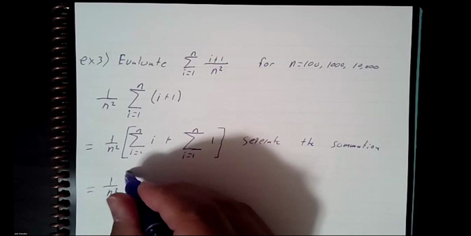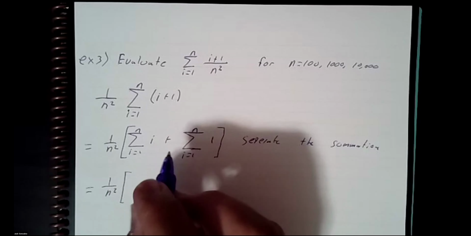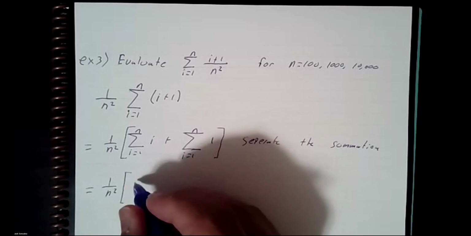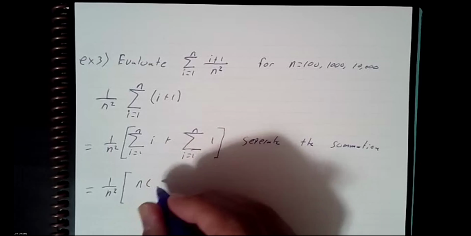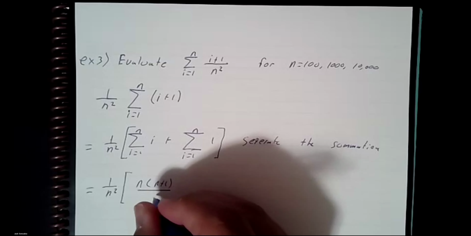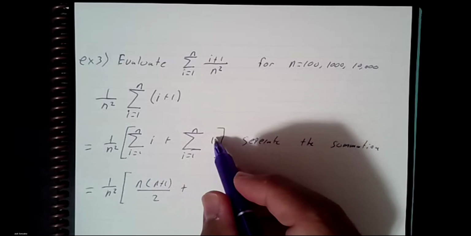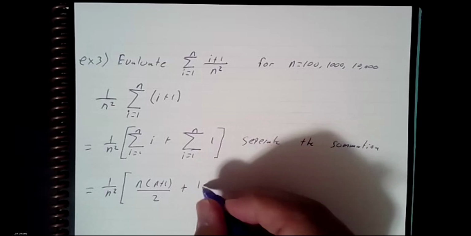So this will become 1 over n squared. The formula for summing the i will be just n times n plus 1 over 2, plus the constant sum, which would be 1 times n.